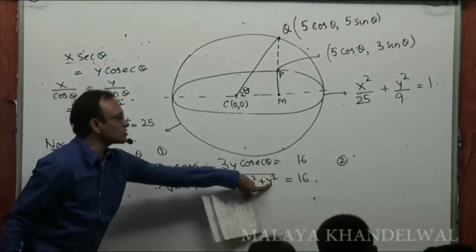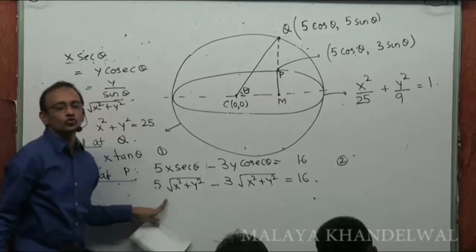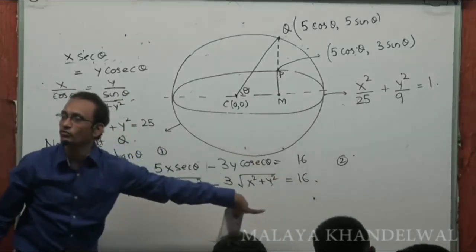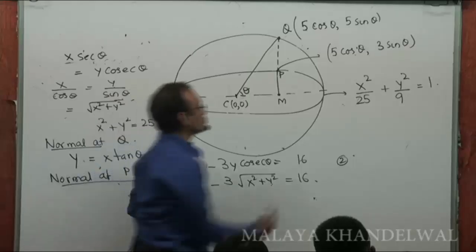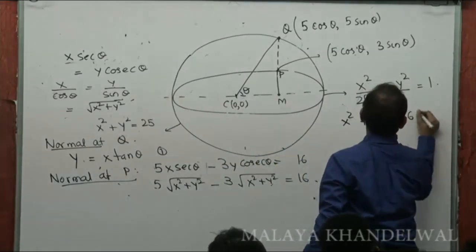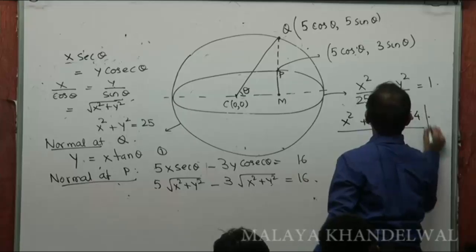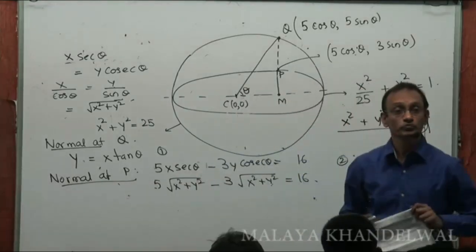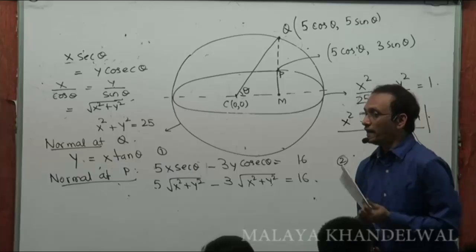So 2 root x square plus y squared is 16. So root x square plus y squared is 8, or x square plus y squared is 64. Yes or no? So this gives me x square plus y squared equal to 64, the locus of the intersection of the two normals. Right?